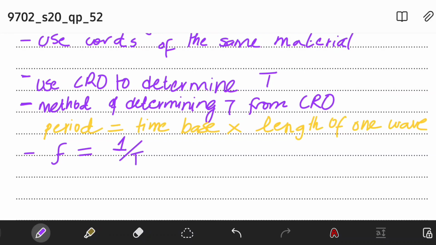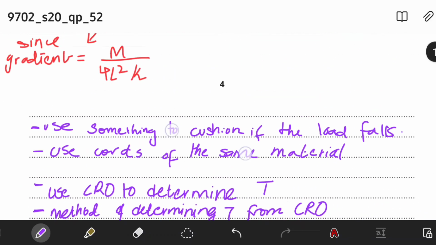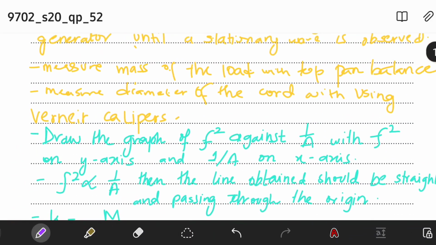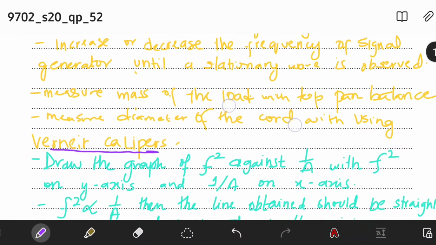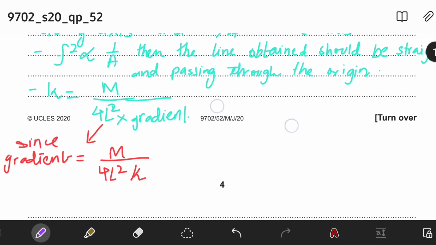Now, other than this, we mentioned for finding out the diameter of the cord, we should use vernier calipers. We may mention that.